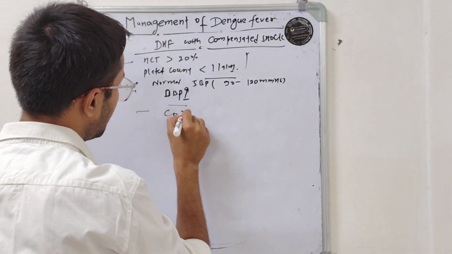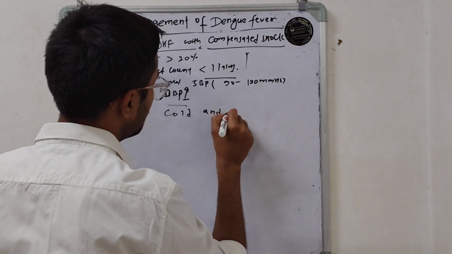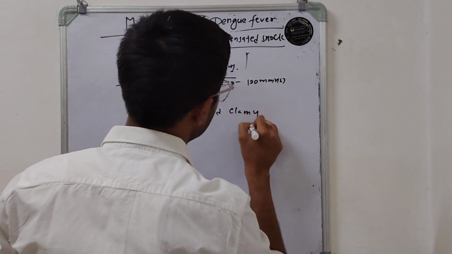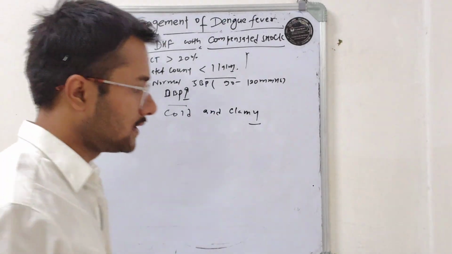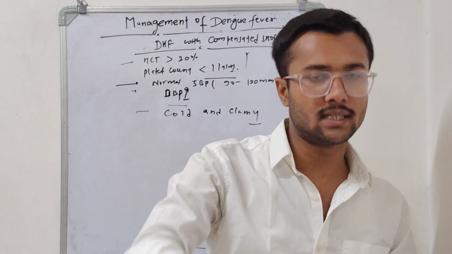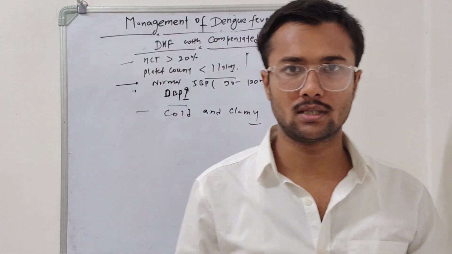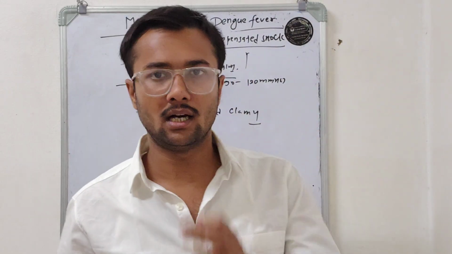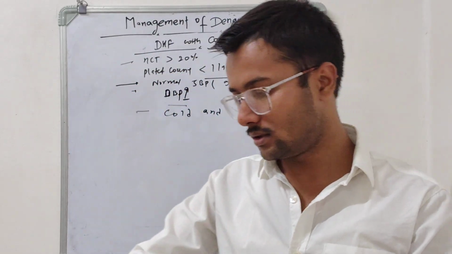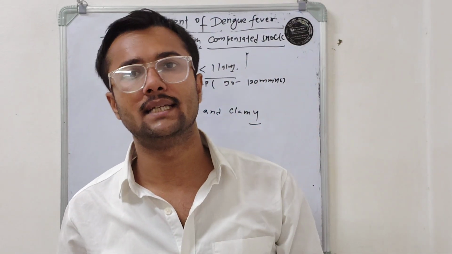Okay, after discussing this diastolic blood pressure elevation, what are the other things? The patient feels cold and clammy. This is also due to the peripheral vasoconstriction. Whenever a patient has peripheral vasoconstriction, definitely the area does not get proper blood supply.